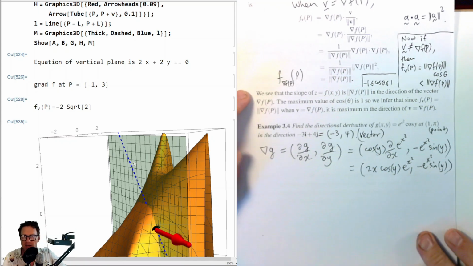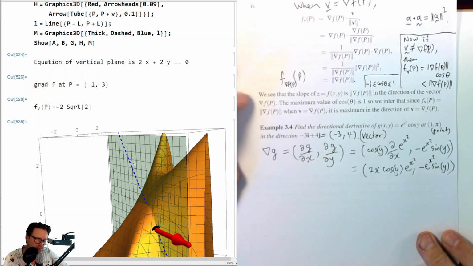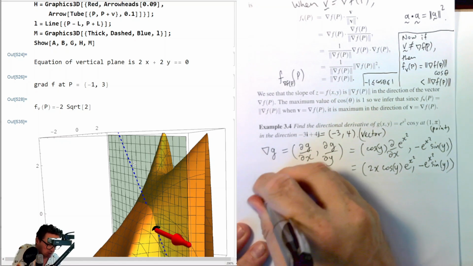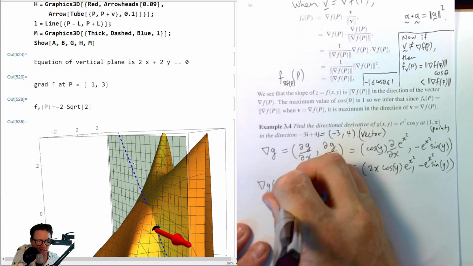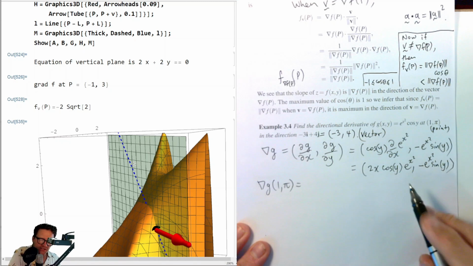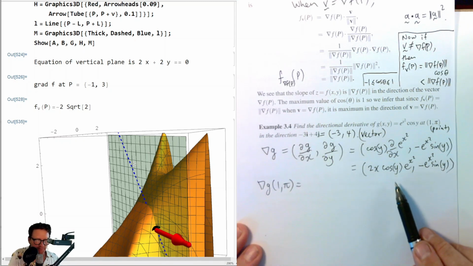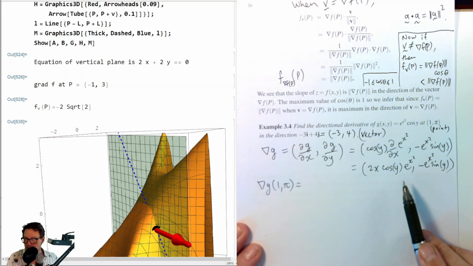Now we have grad g, but we need to evaluate it at (1, pi). So grad g at (1, pi): we sub in x is 1 and y is pi. So cos of pi is minus 1.